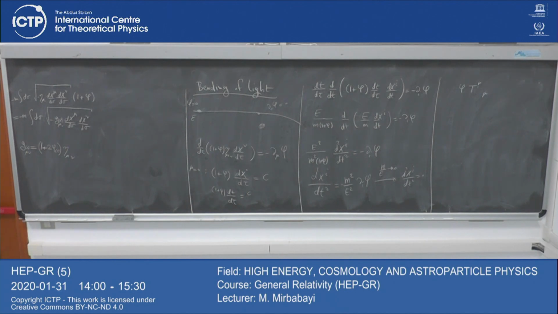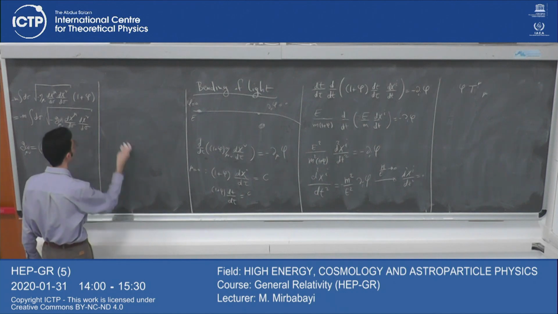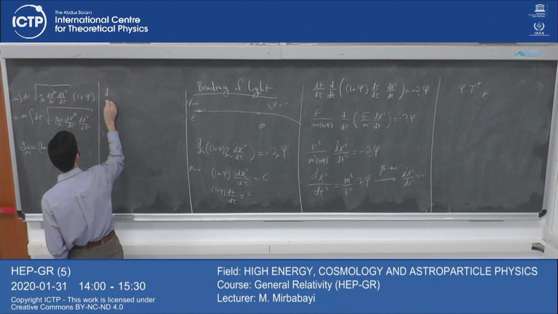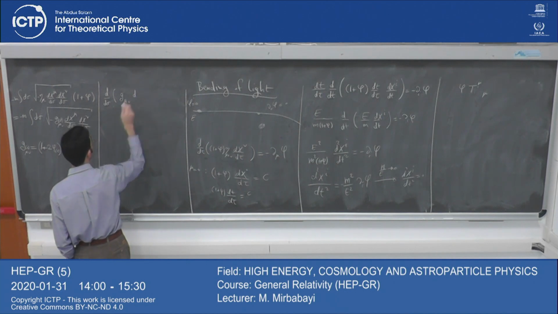So we could do the variation of this action. Of course, we get the same answer, but it looks slightly different because now it will be written in terms of this G mu nu. So if we do that, then the equation that we are going to get is d by d sigma of G mu nu.